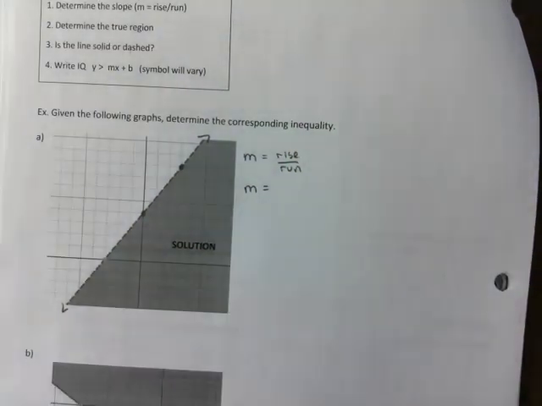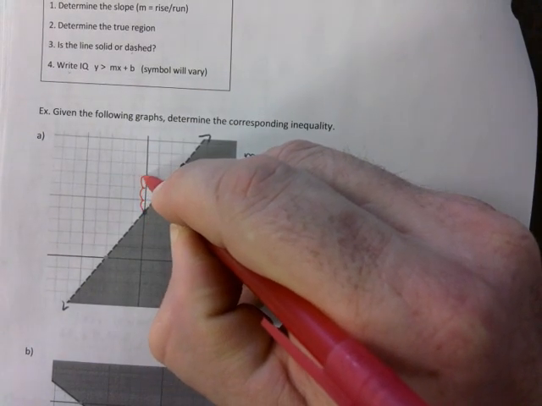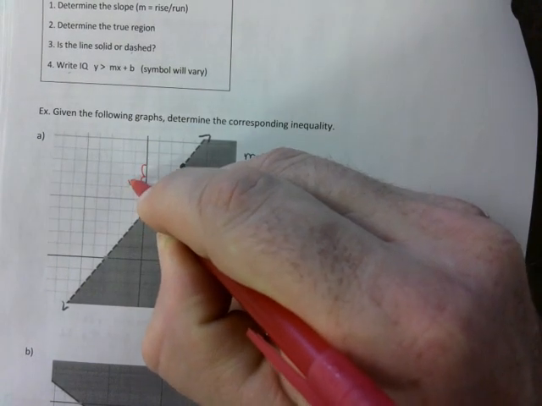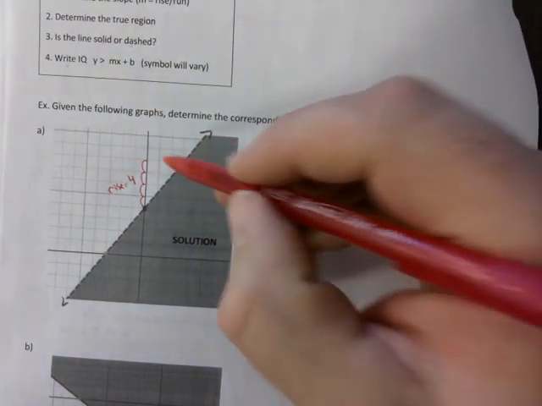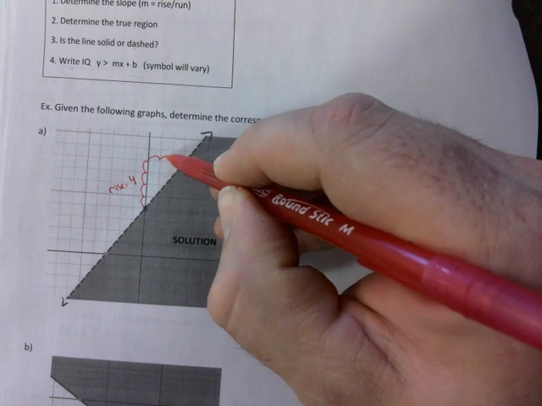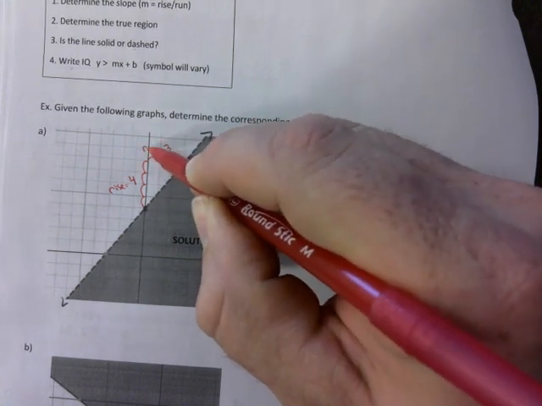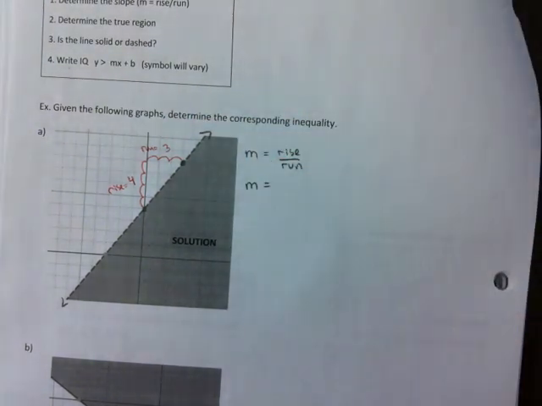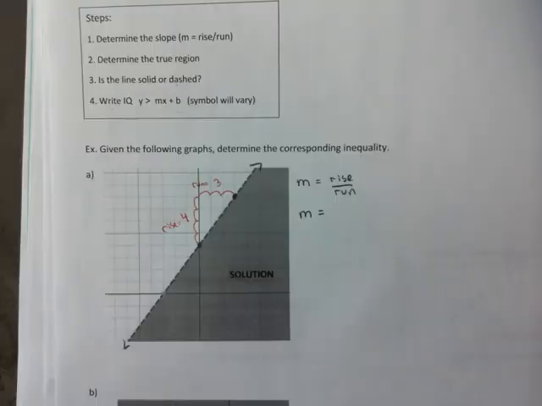Then I use the rise and run. I just go 1, 2, 3, 4. There's a 4 rise. And then I go 1, 2, 3. My run is 3. And just don't mix them up. Remember, rise, then run.